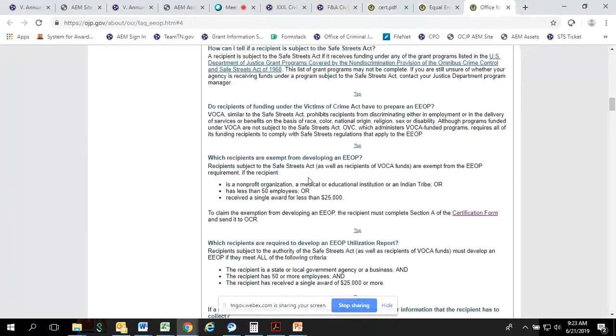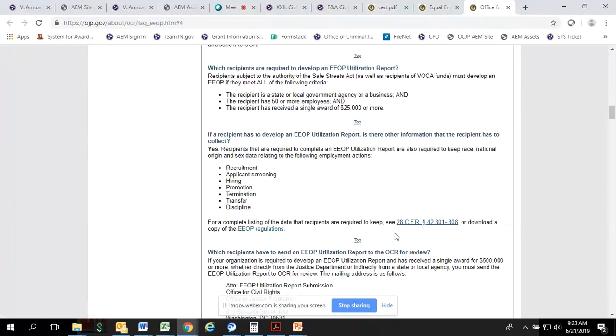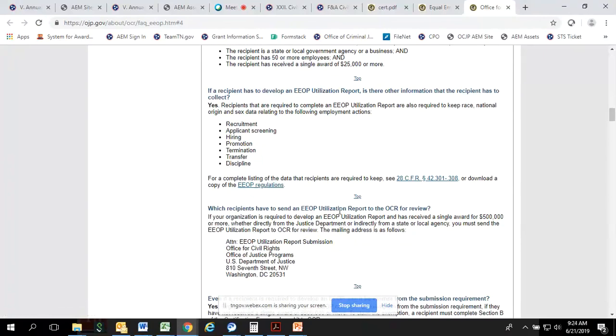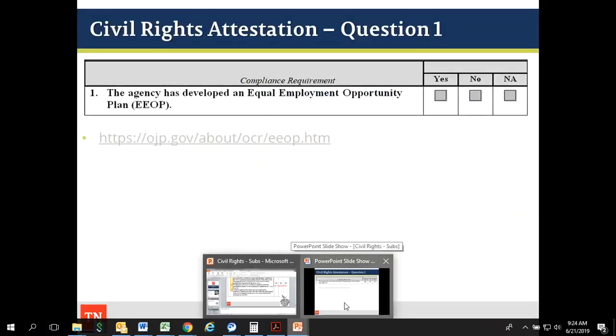So you can go here, and it will tell you all those things that we've already gone over, and there's the certification form as well that we've looked at. And then it answers who is required and where do they need to send it if they're required to send the EOP utilization report in. So there's that.